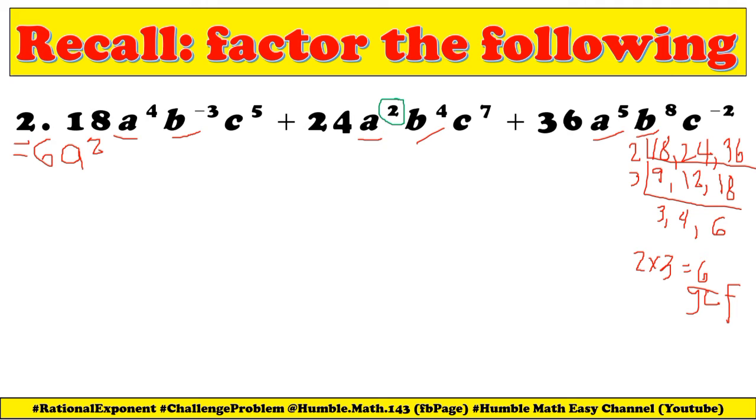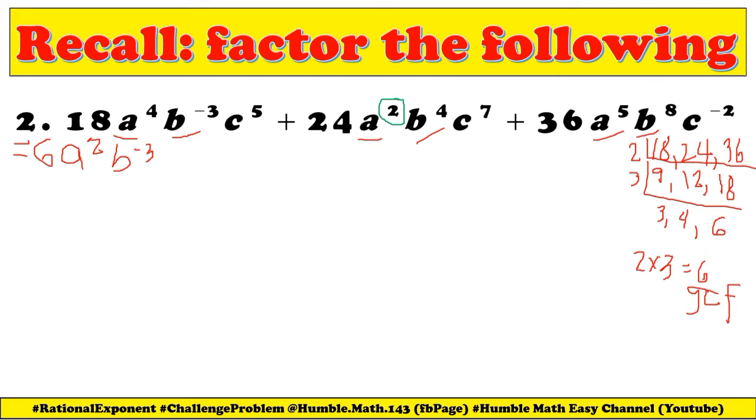Therefore, the lowest among the 3 is negative 3, so we remove b to the negative 3 and leave that as our first factor.